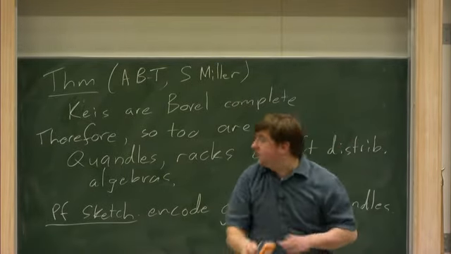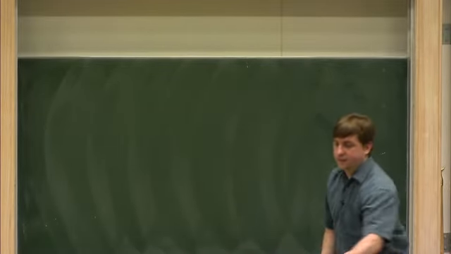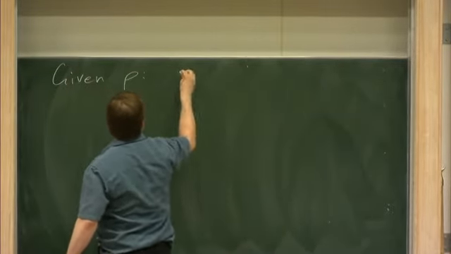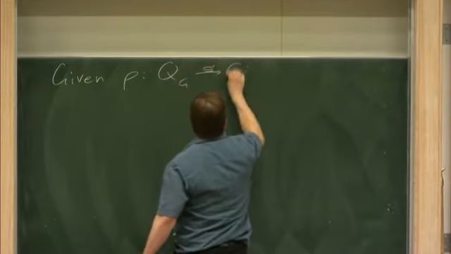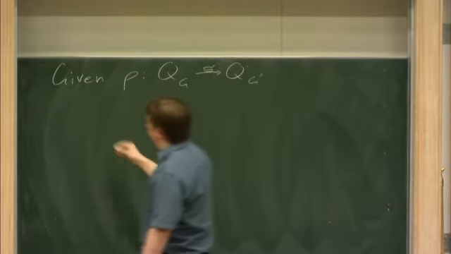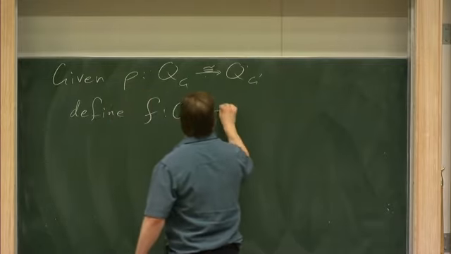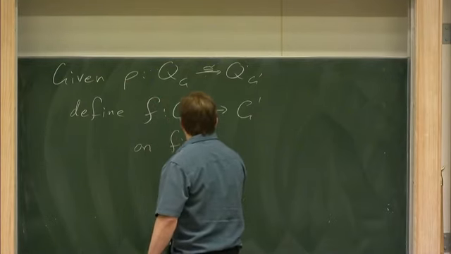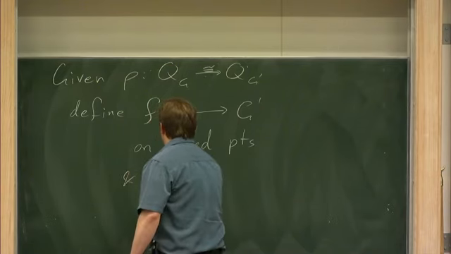So, final board, how we do that. Given rho from QG to QG prime, define f from G to G prime on fixed points and non-fixed points.